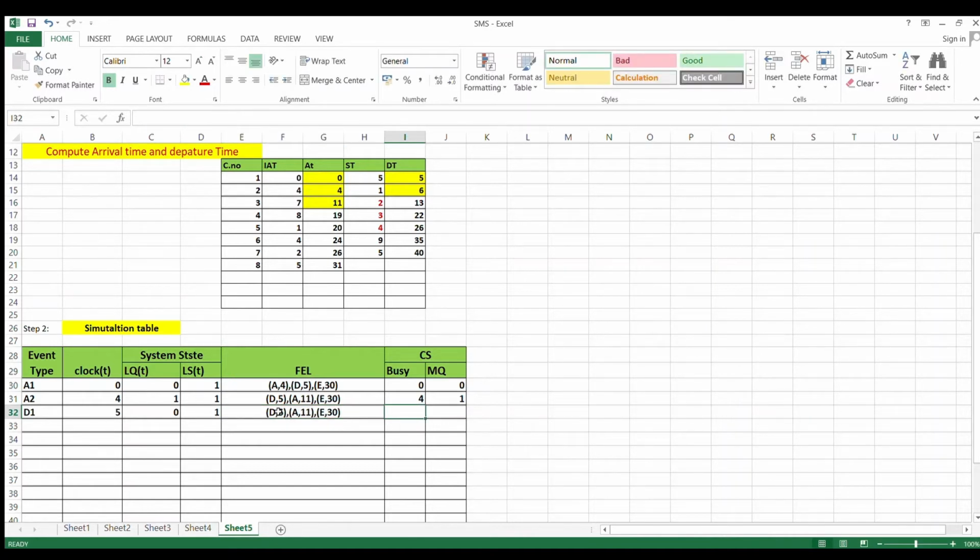Now we calculate the busy time. To calculate busy time: departure minus its own arrival, 5 minus 0 is 5, plus 0. So maximum Q will be 1.